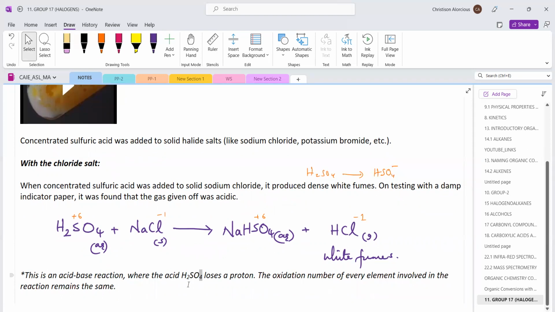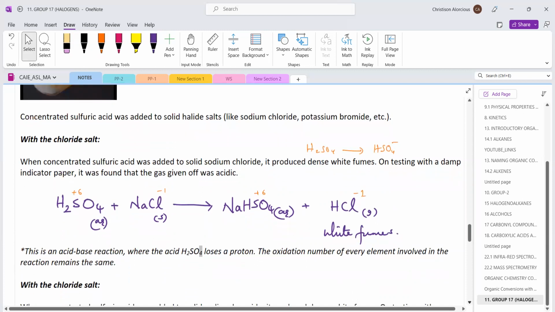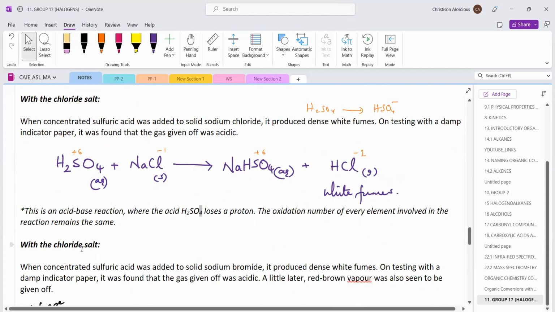We pretty much know that hydrogen, oxygen and sodium usually have just one oxidation state: hydrogen is +1, sodium is +1, oxygen is -2. So nothing much has changed there. I was just looking at the ones that do exhibit variable oxidation states and seeing what happens to those. That's the chloride salt.